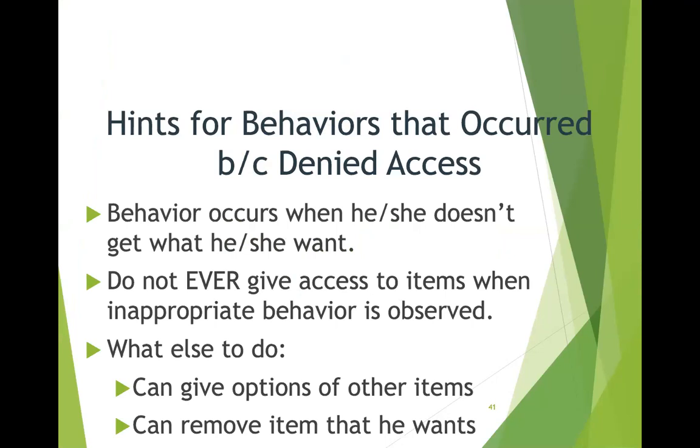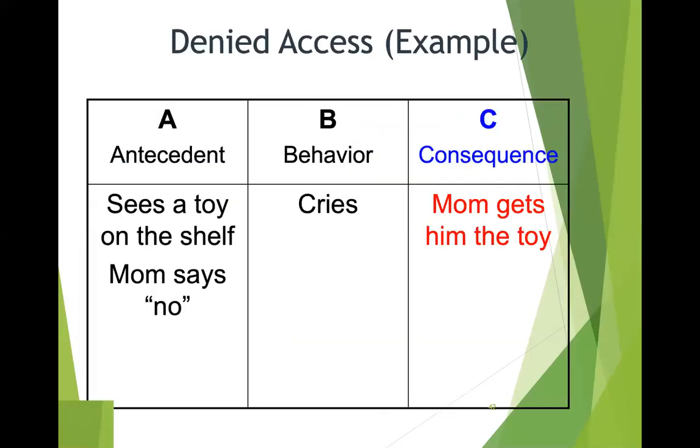It's really important that we do not ever give access to the items when inappropriate behavior has been observed. What we can do is give options of other items if they're not available, or if it's an item that child cannot have, just completely remove it from their environment.